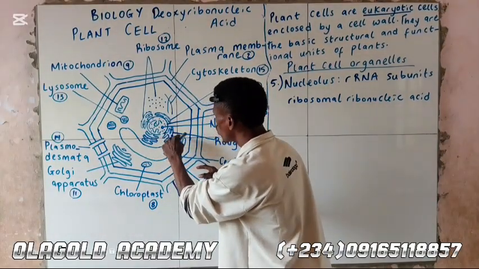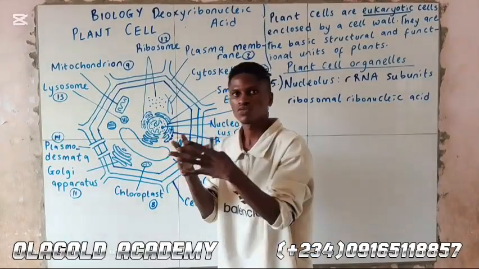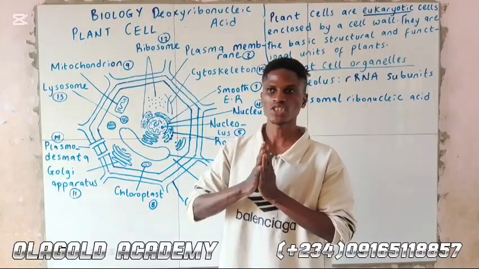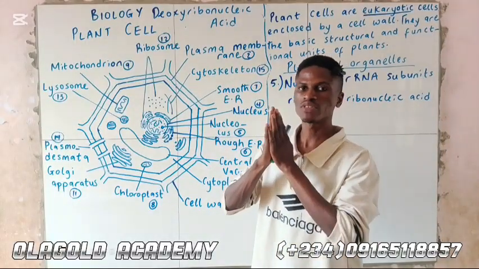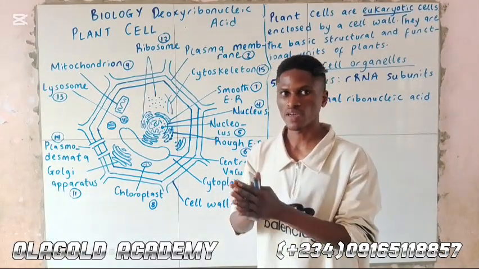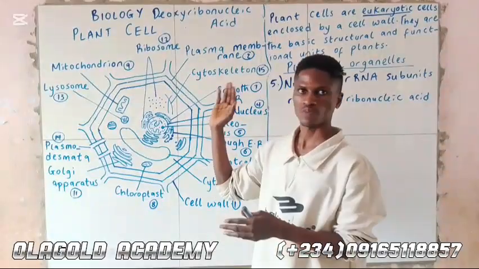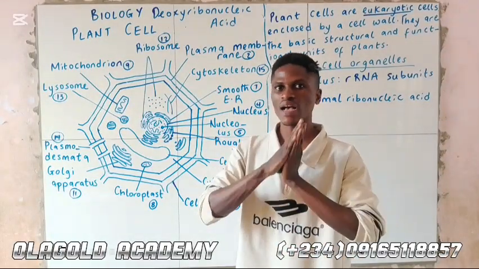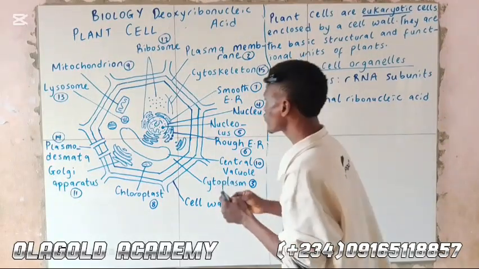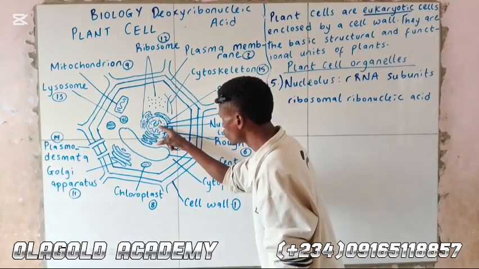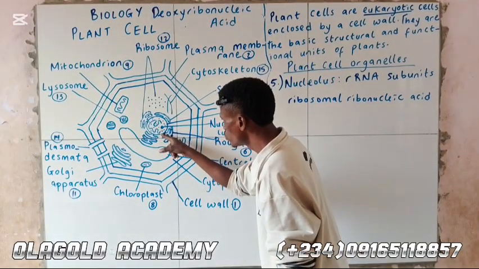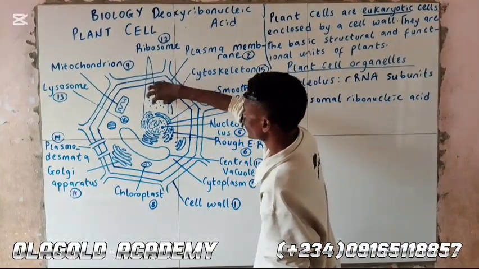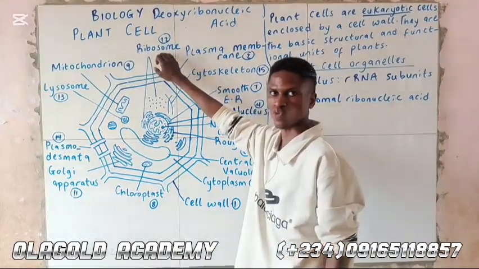outside of the nucleus and combine to form what we call the ribosome, which is one of the organelles of the cell. These ribosomal ribonucleic acid subunits, after coming out from the nucleus through the nuclear pores, form what we refer to as the ribosome.